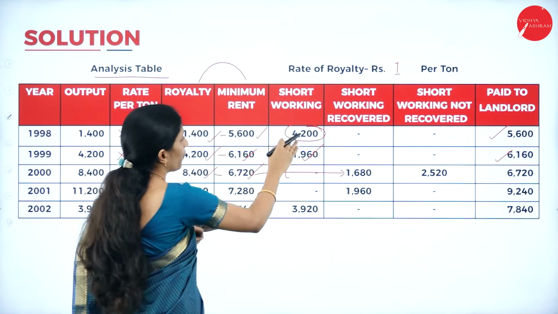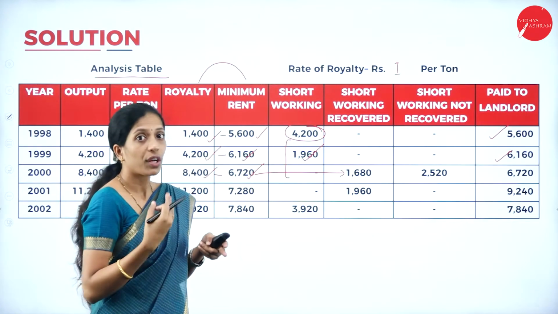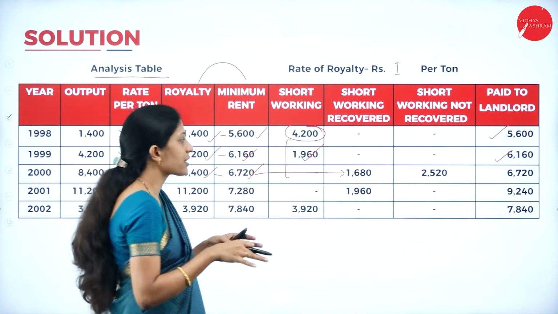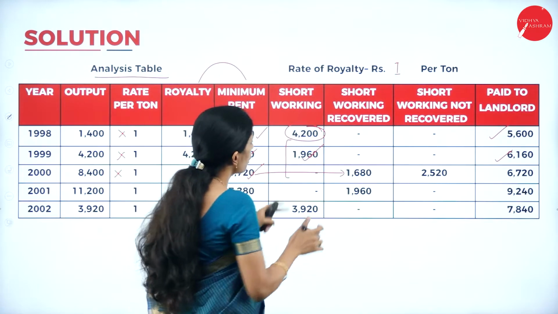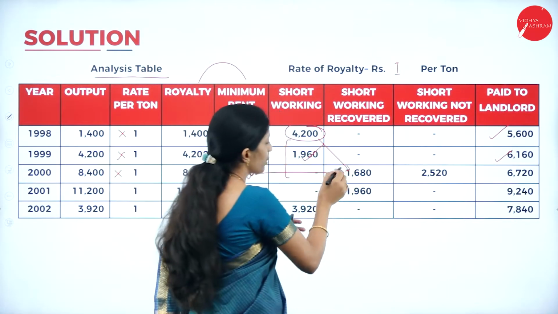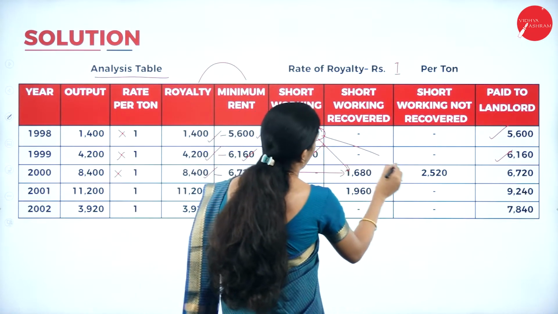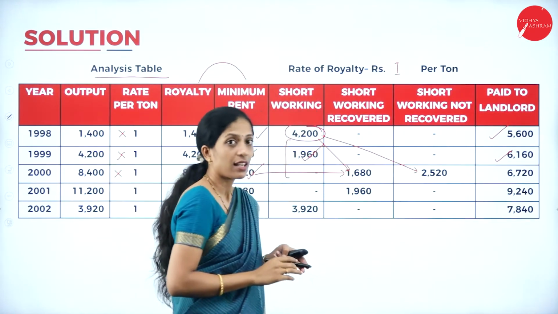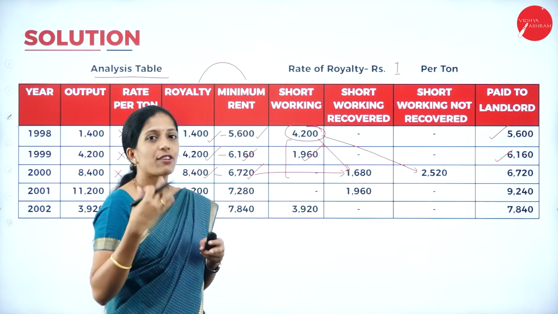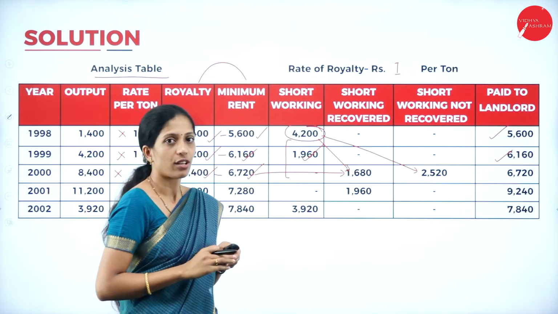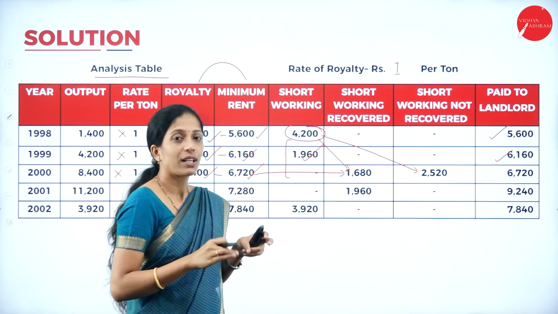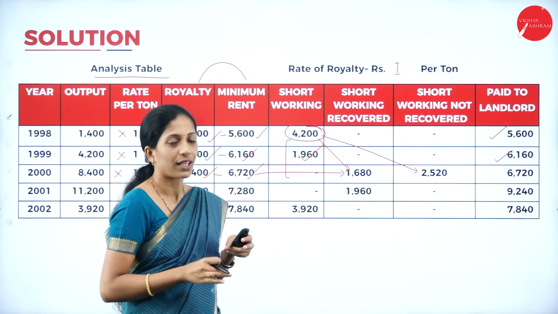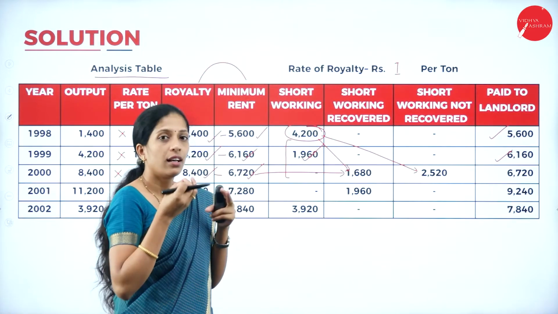We will get this 1,680. But we have a short workings of 4,200. We could not recover the full short workings. We can recover only 1,680. So 4,200 minus 1,680, you will get 2,520. That 2,520 has to be transferred to profit and loss account, because the duration was only 2 years. In those 2 years, we could not recover that short workings due to less royalty.